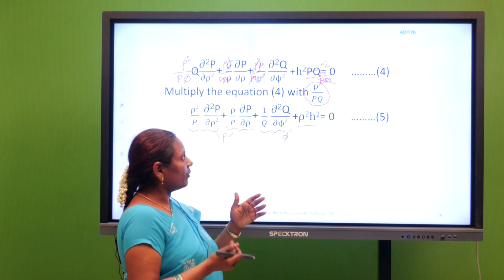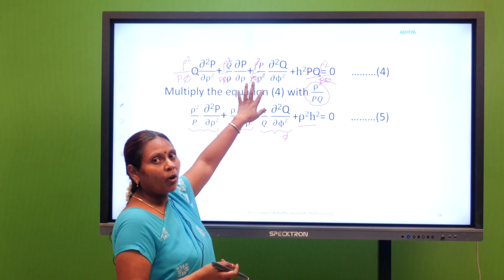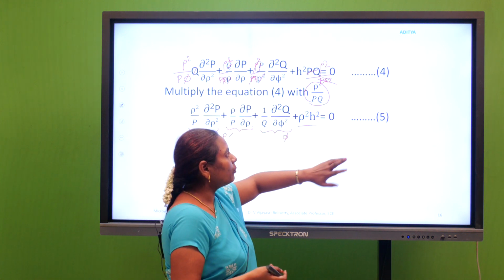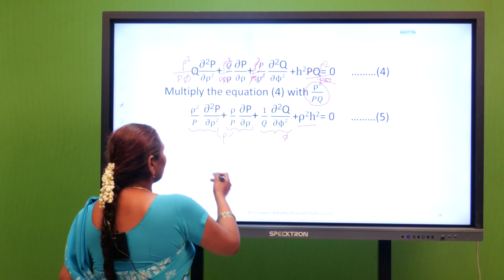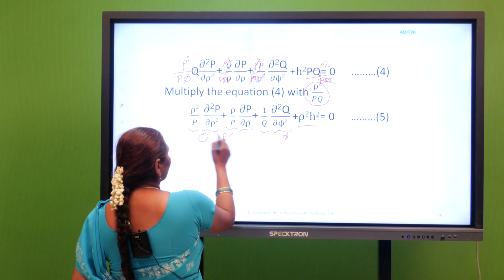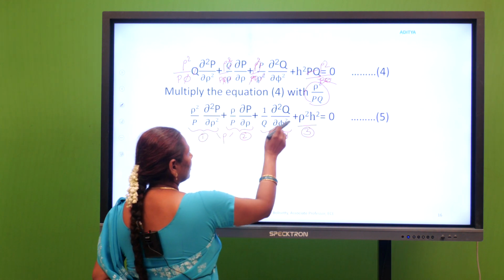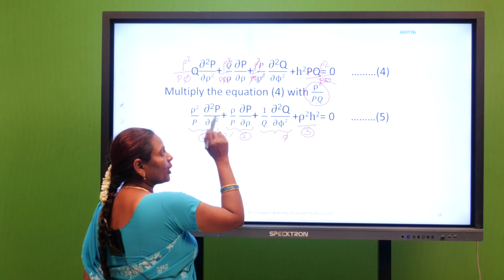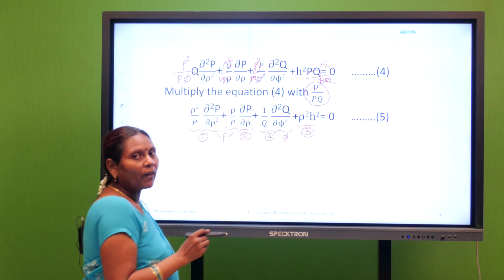In equation 4 we have a combination of rho and phi terms, but in equation 5 we have different terms. Of these, the first, second and third terms are functions of rho, and the fourth term is a function of phi only.